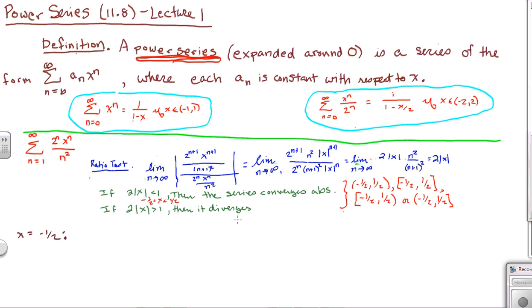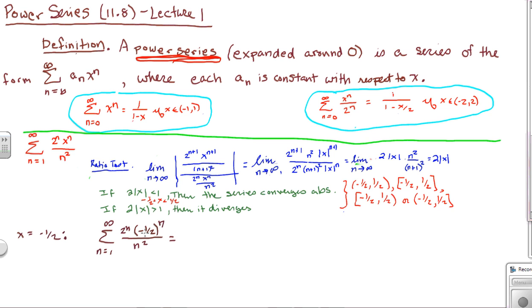Okay, so now that we've got a little bit more room, let's look and see what's happening at the 2 endpoints of this interval. Okay, so at x equals negative 1/2, well, let's go back to the original series. The original series is this thing up here, right? We're going to have the sum n equals 1 to infinity of 2 to the n times x, which is negative 1/2, right? So that's negative 1/2 to the n over n squared.